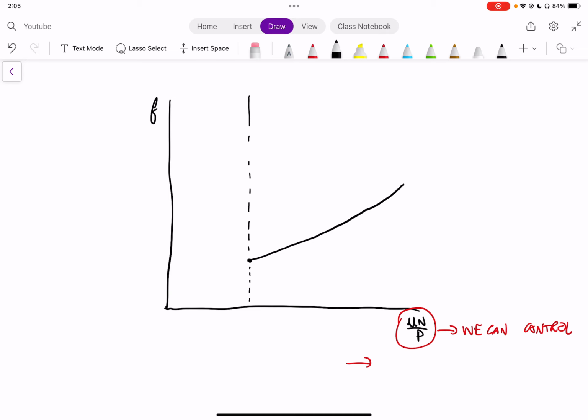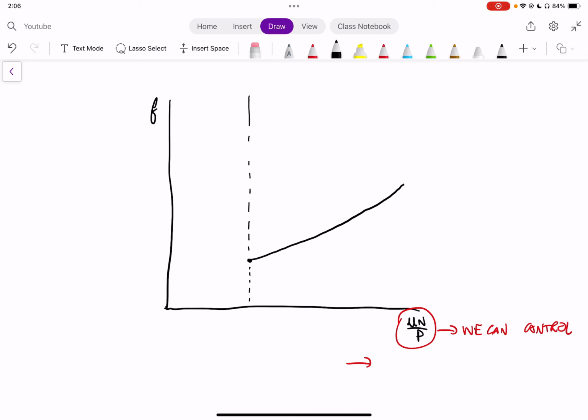It's not exactly a straight line, but it's very close to being a straight line, okay? And this part is predictable. If we increase mu, we're going to increase friction. If we increase n, we're going to increase friction. If we decrease p, we're going to increase friction. It kind of makes sense.